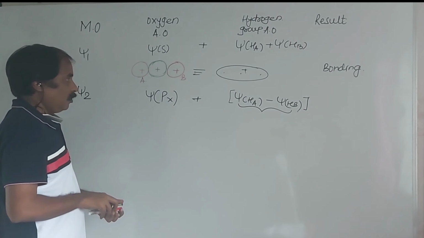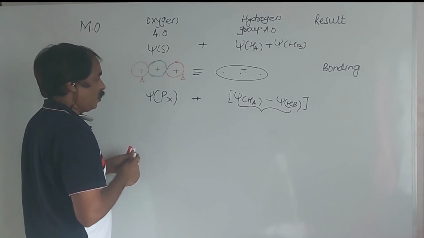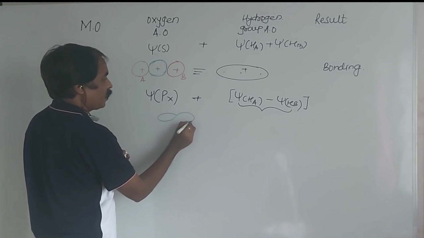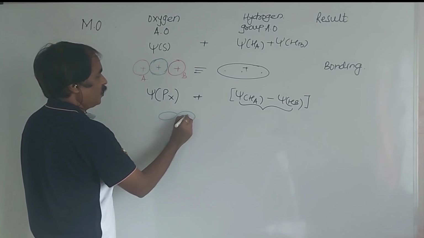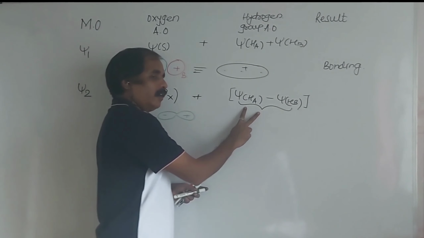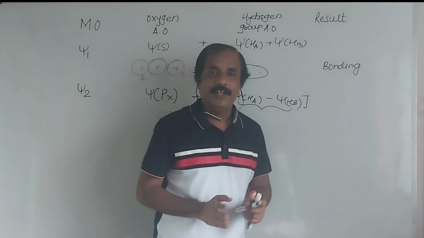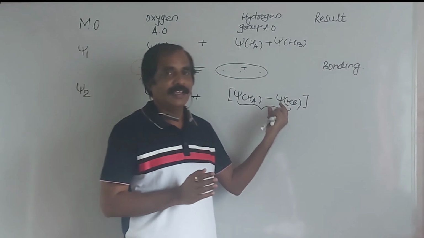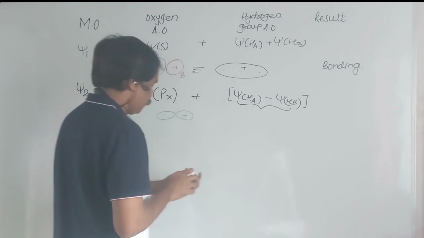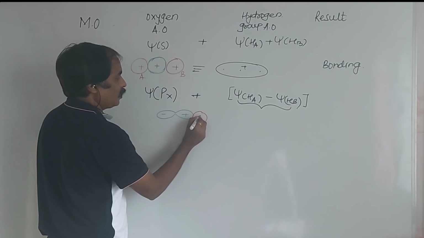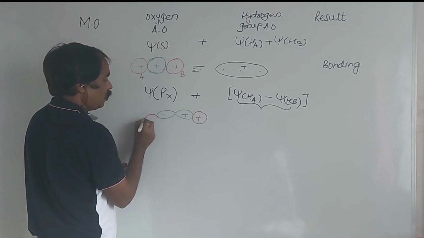I will show the Px atomic orbital of oxygen. It is like this. Suppose here it is positive, here it is negative. Here I have taken different wave functions, one with positive amplitude and one with negative amplitude.